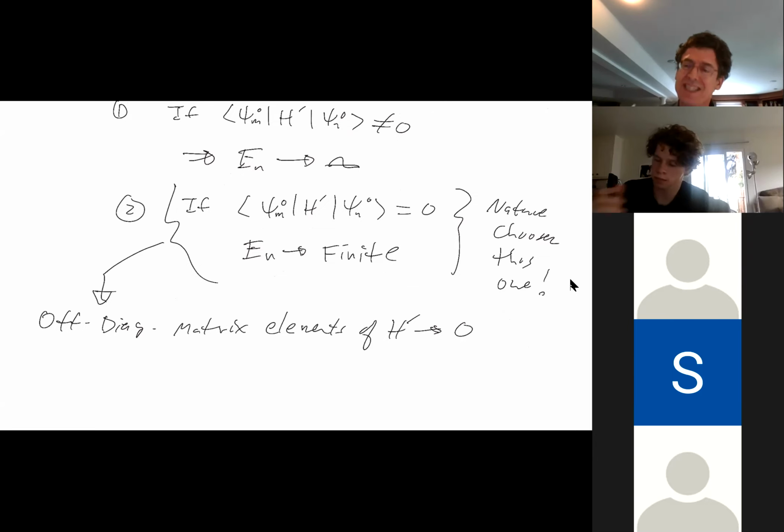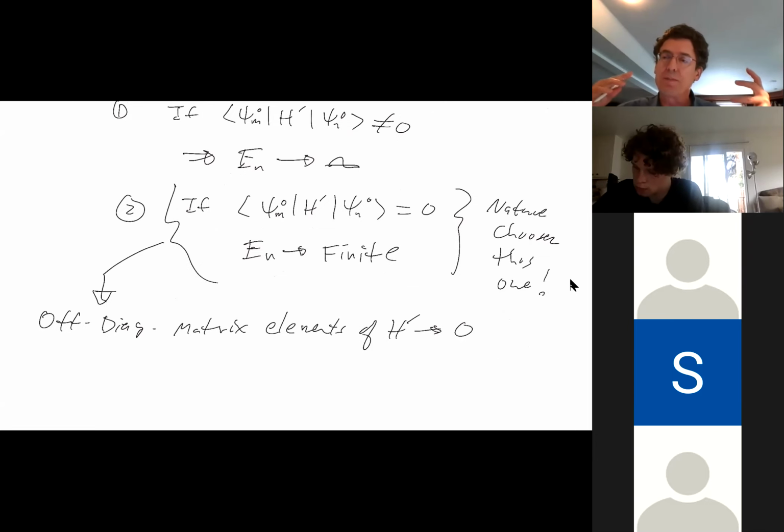So nature is saying in the degenerate subspace, nature wants the off-diagonal matrix elements to go to 0. What does it mean if your off-diagonal matrix elements are all 0?